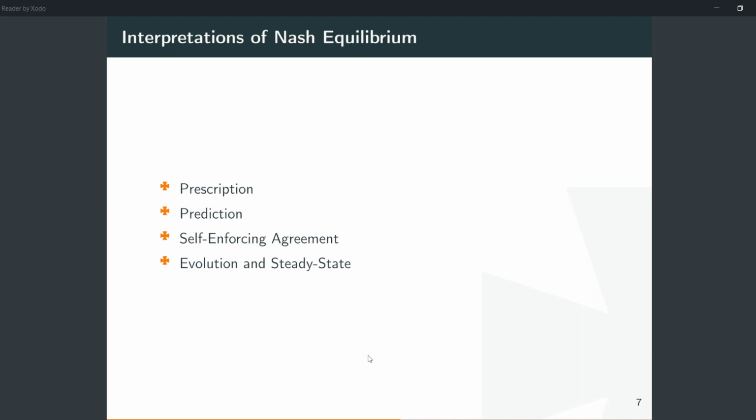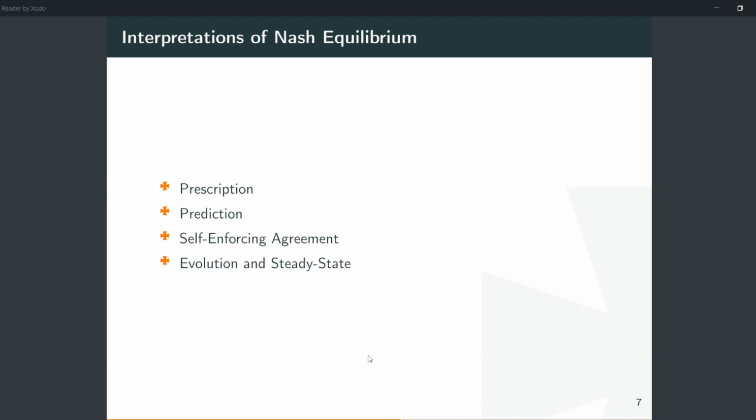If the advisor recommends strategies that do not constitute a Nash equilibrium, then at least one player would find that they are better off doing differently than the advice. If the advisor prescribes strategies that do constitute a Nash equilibrium, then the players are happy, because playing the prescribed strategy is the best they can do. They cannot become better off by staying away from it. Thus, a logical, rational advisor would recommend a Nash equilibrium to the players.